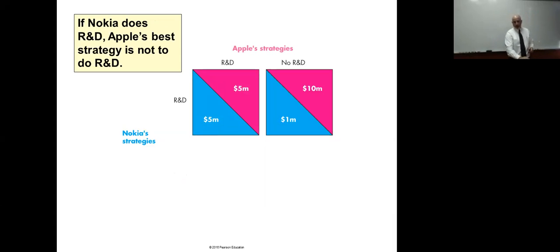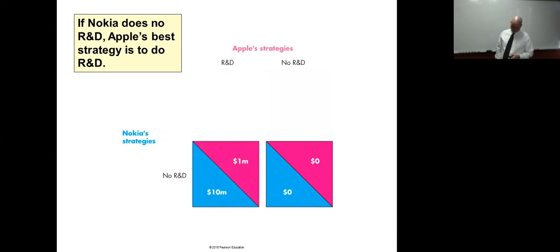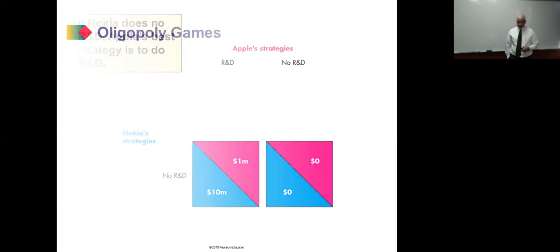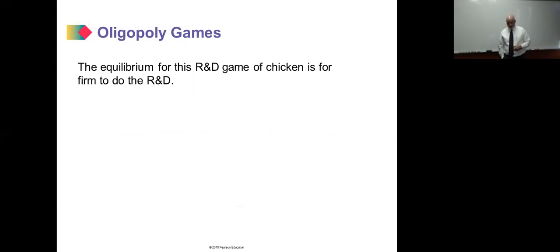If Nokia does R&D, Apple's best strategy is not to do it. And if Nokia does no R&D, Apple's best strategy is to do it. So the equilibrium for this game is for one firm to do the R&D.